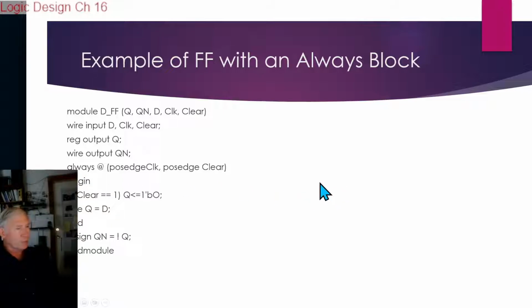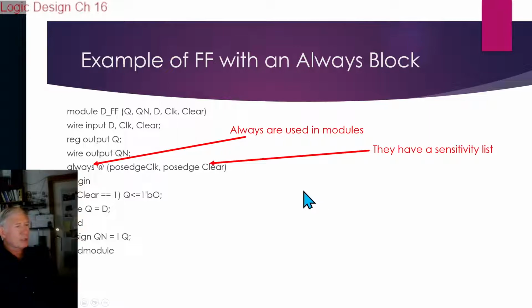So first off, we have the keyword always here, and the always cannot be by itself. It must be inside a module. Okay. Secondly, we have the sensitivity list, and if we intend this always block to be a state machine, a sequential logic, then we normally have edge signals in this sensitivity list.